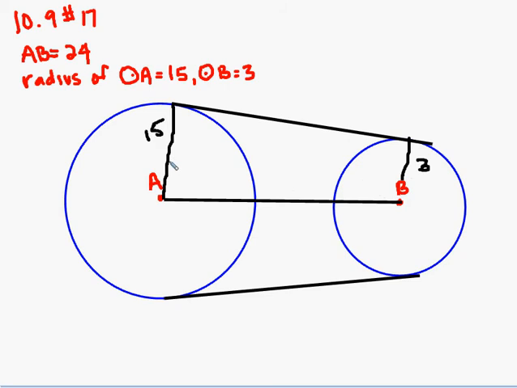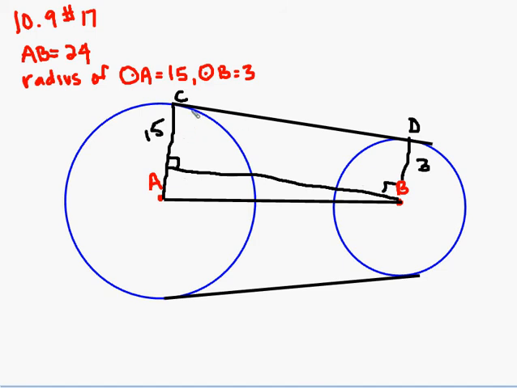So what we're going to do is use the same common external tangent procedure that we've used in prior chapters, and I'm going to draw a line that's parallel to, let's call this CD, from B, the smaller circle, to the radius of the larger circle.